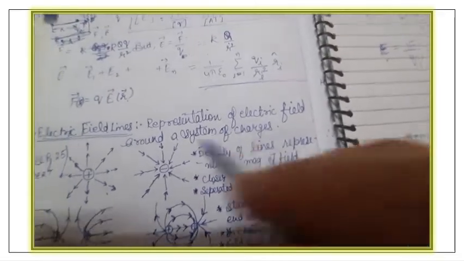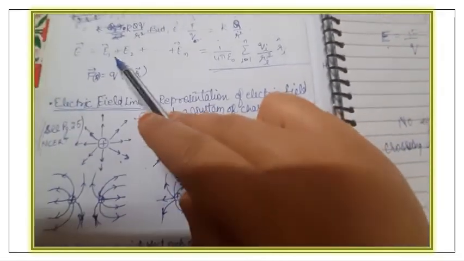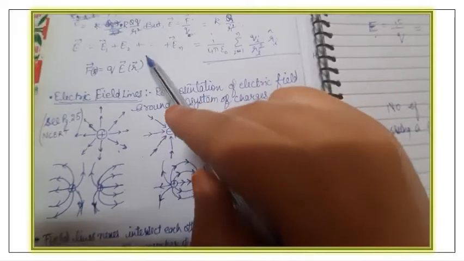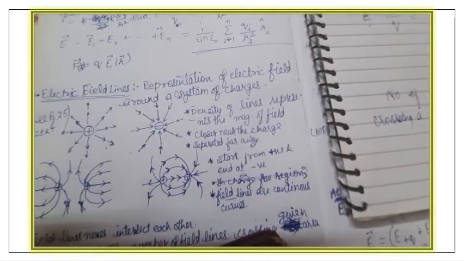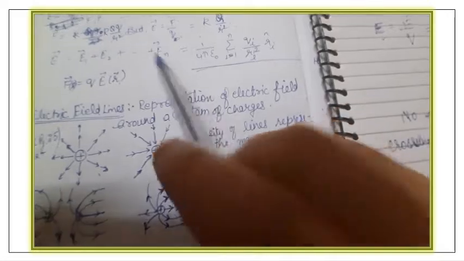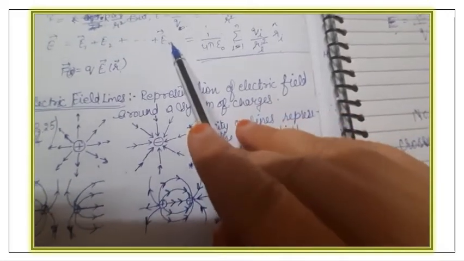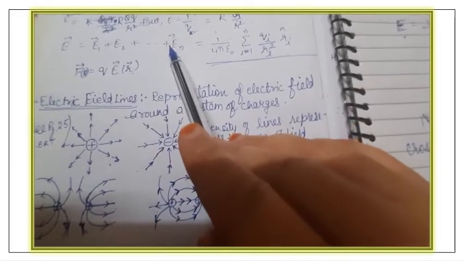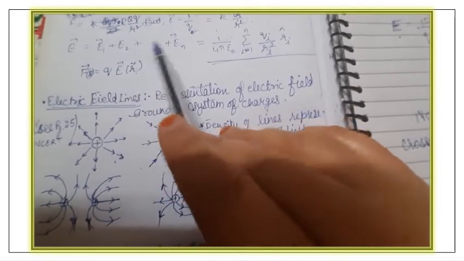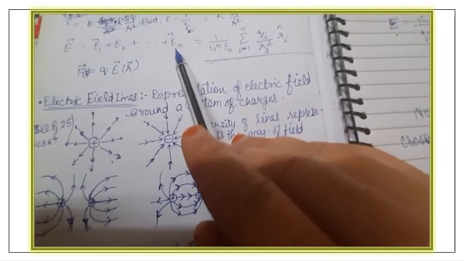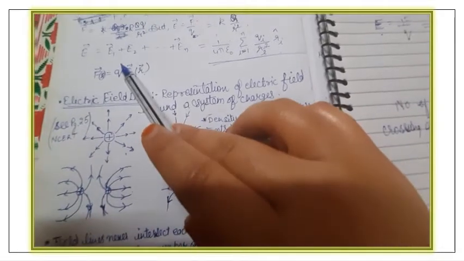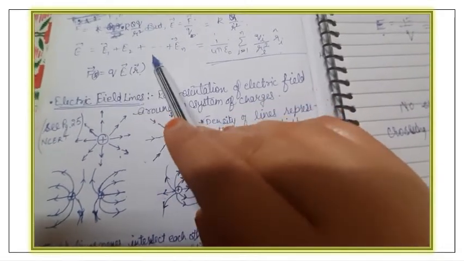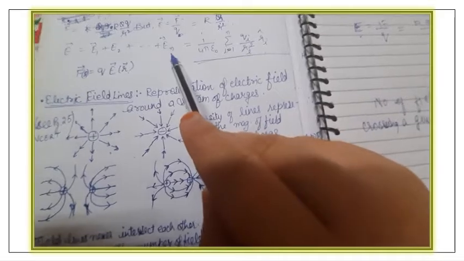Now electric field also obeys the principle of superposition, just like the electrostatic forces, because electric field is also a vector quantity. So if in a region we are having n electric fields, E1, E2, E3 up to En respectively, the total or net electric field is the vector sum of all these electric fields.